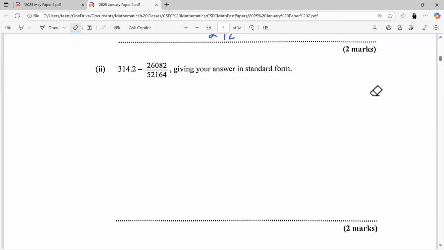Josh Perez, have you done it yet? About 2. Joshua, did you do it as yet? Yes, please. I got 313.7. Oh, yeah, Miss. I got 313.7. Faith, what did you get?